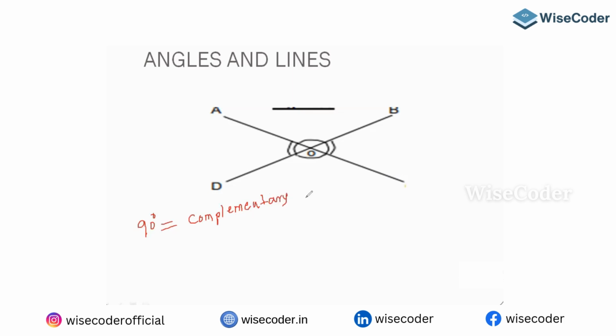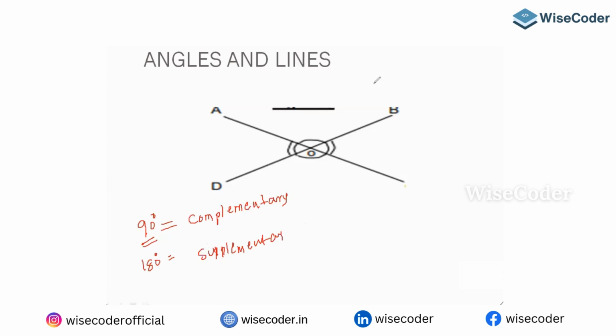Complementary angles have a sum of 90 degrees. If it is 180 degrees, we call them supplementary angles. If it is 90 degrees, we call it complementary, and if it is 180 degrees, we call it supplementary angles. These 2 points are very, very important.